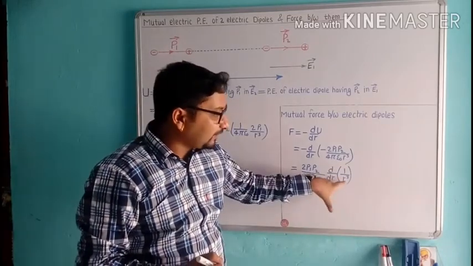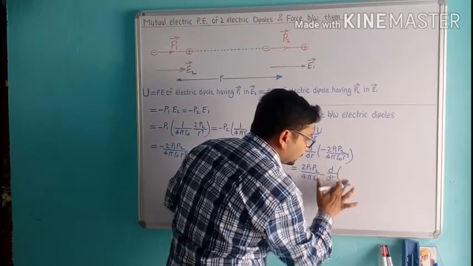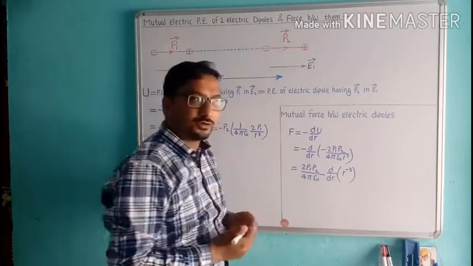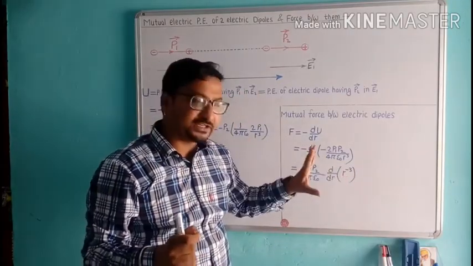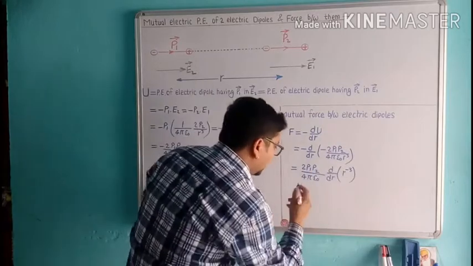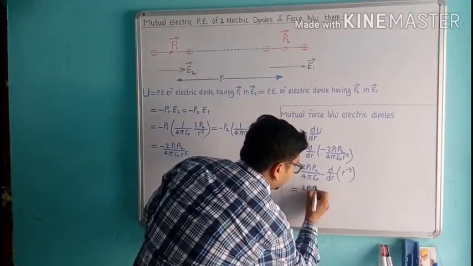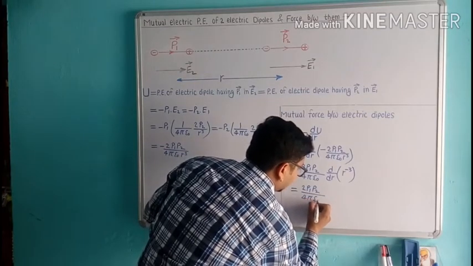Now we can write 1 upon R cube as R to the power minus 3. Now do the differentiation, 2 P1 P2 upon 4 pi epsilon naught.